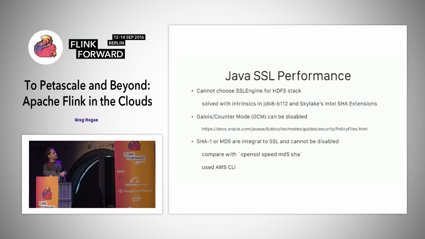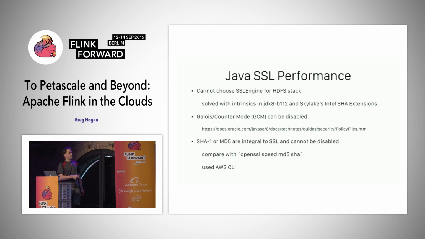So the first issue was Java's SSL performance. I know we're talking about adding security to Flink. The first idea was, okay, I'll just use the Hadoop capabilities that Flink has and stream in files that way. And it was taking about 50% of the CPU just doing the SSL. First, it was doing this counter mode, which I was able to disable, but you can't get rid of the SHA or MD5 checksums.